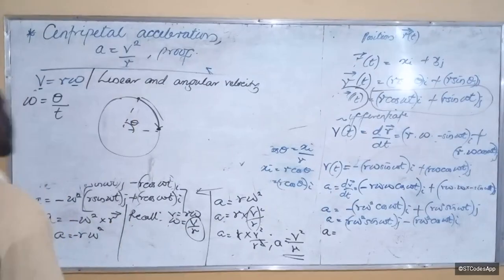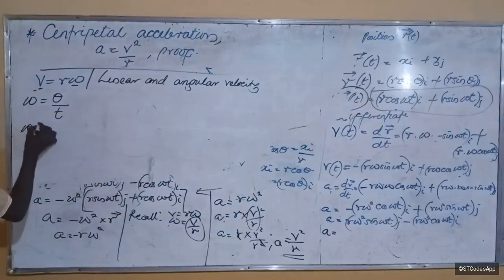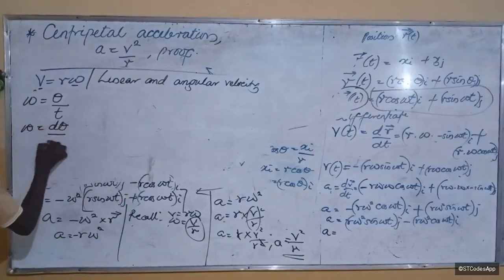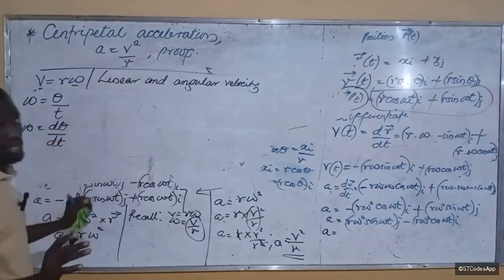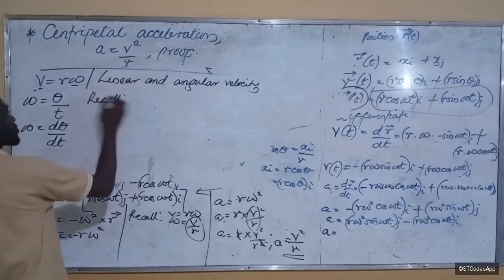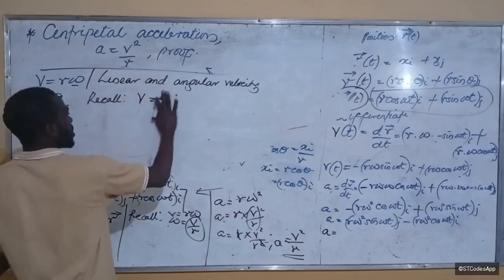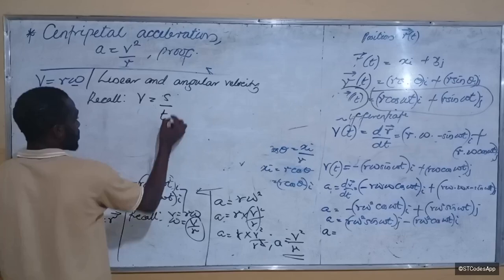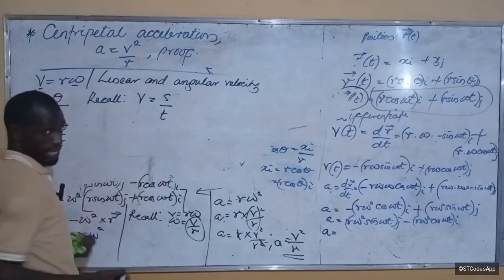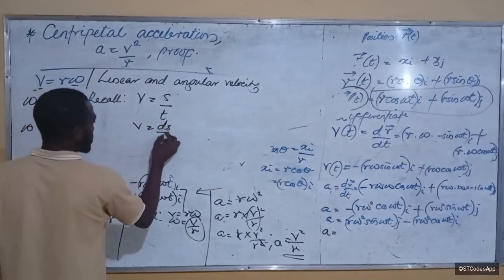So if we want to take it by derivative, then I can say that omega is equal to d theta dt. You all agree on this, right? Good. Recall also that velocity is displacement s over time, right? Linear velocity is this, so that is ds dt.